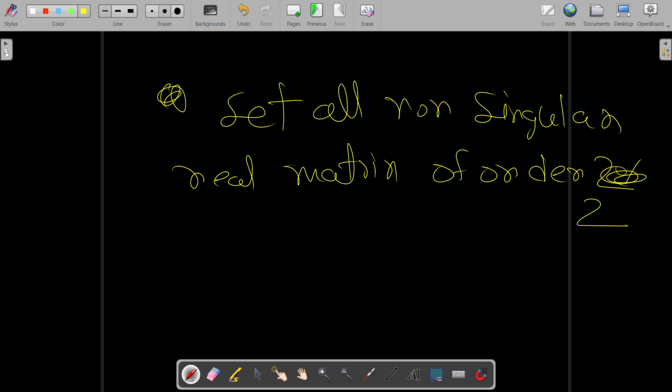So what will it be if a group is given like GLnR? What does it mean?